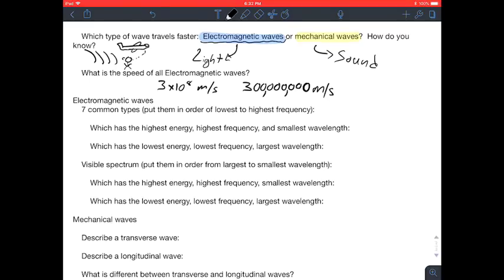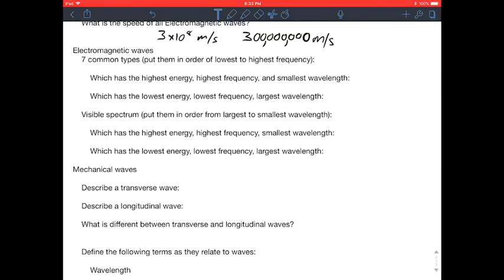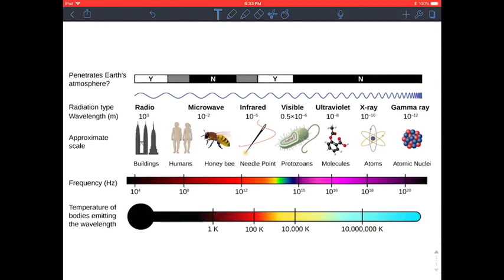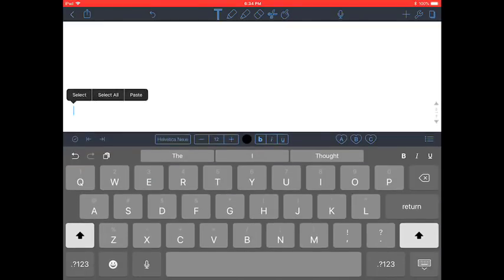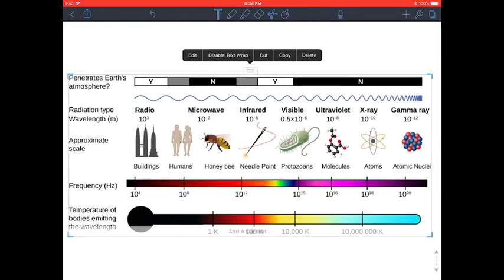Okay, our 7 common types. I've got a picture of our EM spectrum, so I'm going to scroll down here. If we're looking at lowest frequency, we've got to remember that frequency and wavelength are inversely related. So if wavelength is big, our frequency is going to be small.